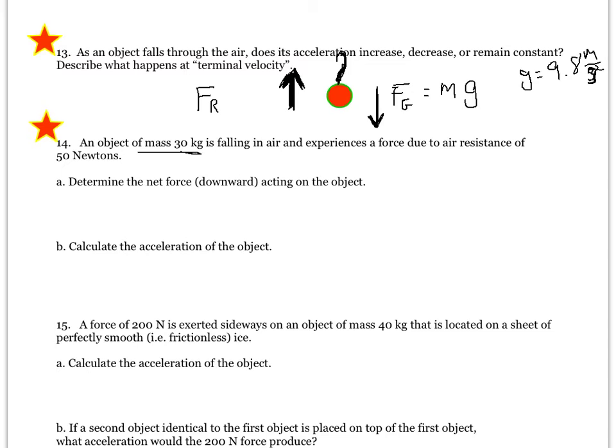An object with a mass of 30 kilograms is falling and experiences a force due to the air resistance of 50 newtons. So we actually know what this resistance force is going to be. Let's draw another object. For 30 kilograms, it's a big cantaloupe. All right, so we're going to draw the force of gravity.